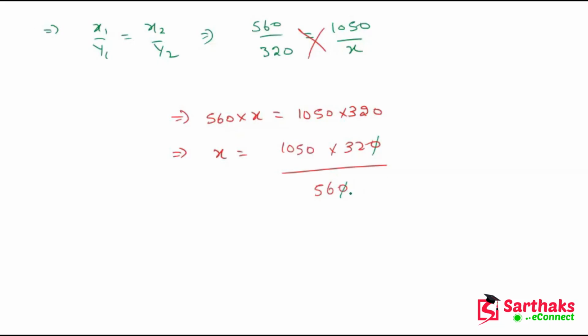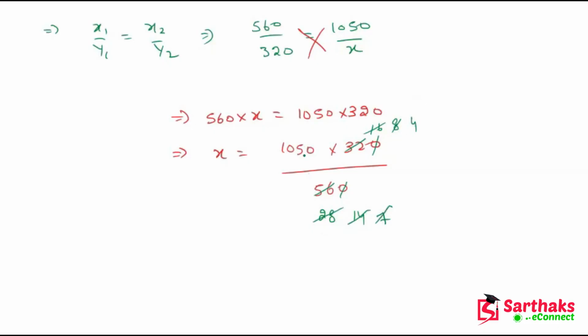Now this 0 and this 0 will be cancelled. 32 divided by 2 is 16. 56 divided by 2 is 28. Again 16 divided by 2 is 8. 28 divided by 2 is 14. Again 8 divided by 2 is 4. 14 divided by 2 is 7.